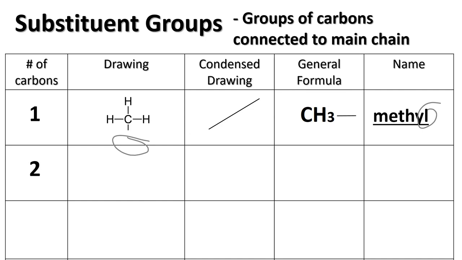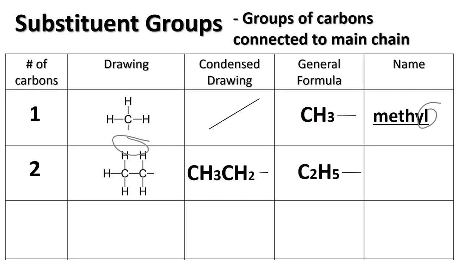So let's go on to our second one here. It looks a little something like that. Again, you put your hydrogens on. And we can draw a condensed like that. And there's our general formula. Either of these are going to be acceptable when you draw a molecule. And just like before we saw ethane, now we have an ethyl. And when it comes to 3, it looks a little something like that.